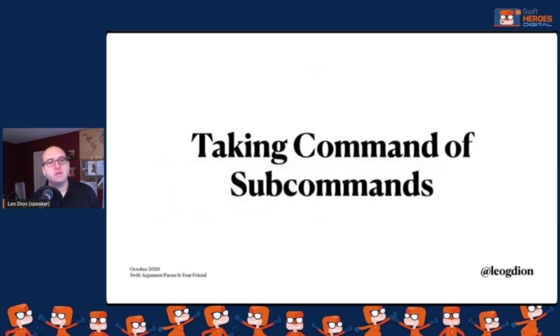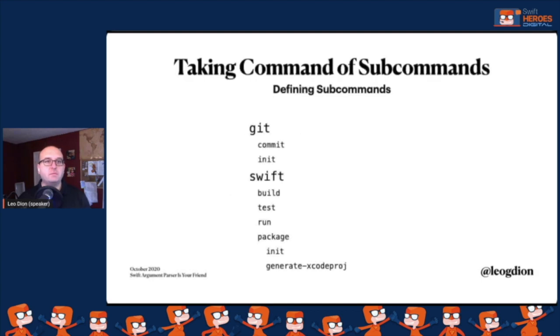So let's talk about taking command of subcommands. In this case, we're going to add a subcommand to this Sappi app. A subcommand, if you're familiar with it, you've used this before. Git has subcommands for commit or init. Swift has subcommands like build, test, and run, but also has subcommands under package for init or generate Xcode project.